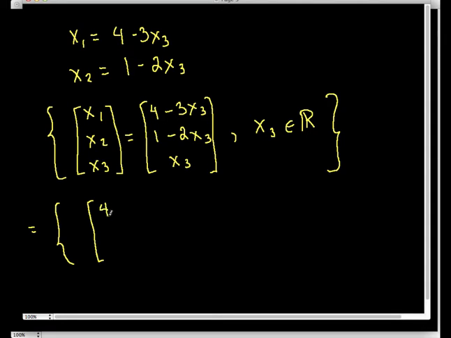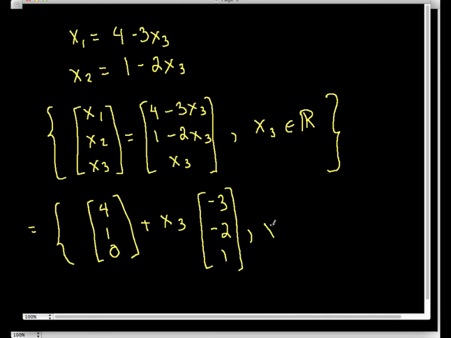So just using our properties of vectors, I can take this expression for this vector and rewrite it as the vector 4, 1, 0 plus x3, which I'll now factor out, times minus 3, minus 2, 1. And again, x3 is allowed to be any real number.